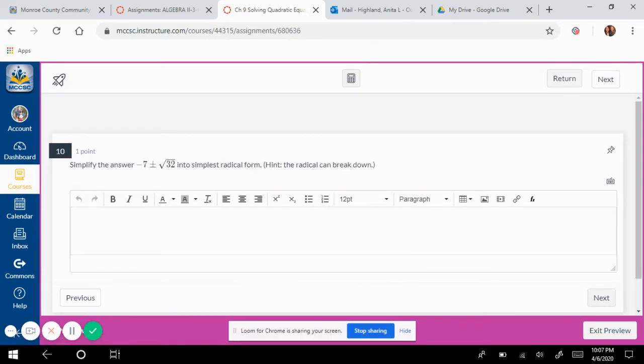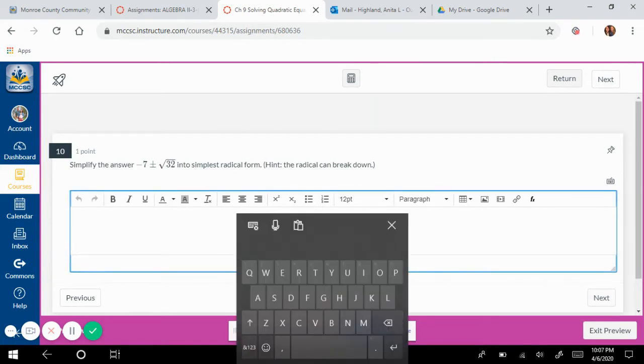Okay, 10, simplify your answer into simplest radical form. Hint, the radical can break down. If you wanted to show your work in here, that wouldn't be a bad idea. I'd recognize, well, what perfect square can go into 32 evenly? Now, 4 does go into 32 evenly, but it's not the biggest perfect square. The biggest perfect square is actually 16.